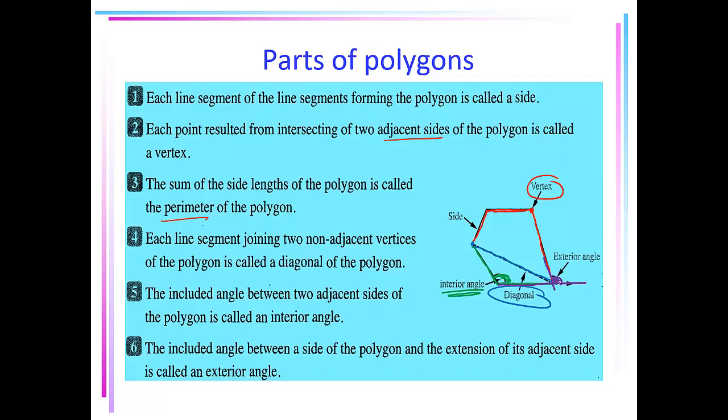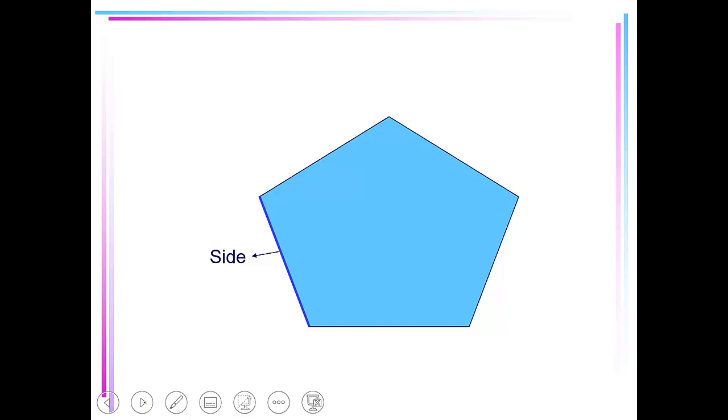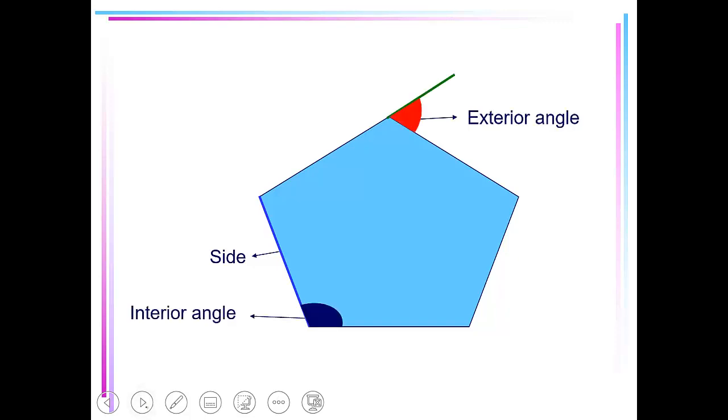So an exterior angle is found outside of the polygon. So let's say it again. This is the side, interior angle, exterior angle, and exterior angles are outside of the polygon, vertices or vertex, and diagonal.